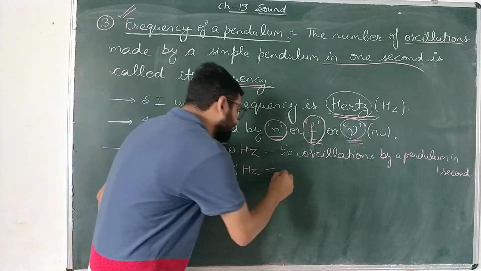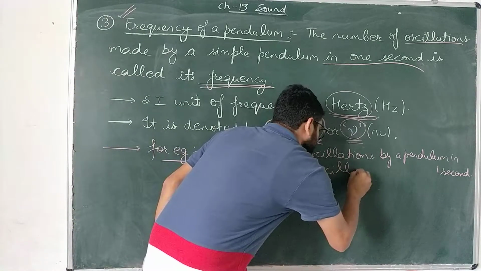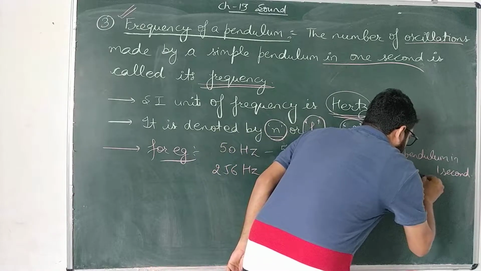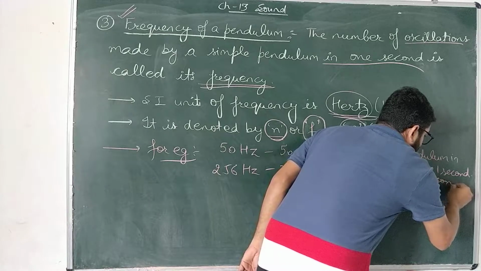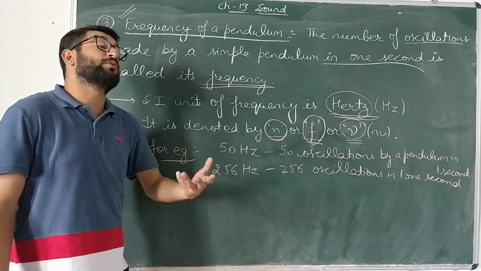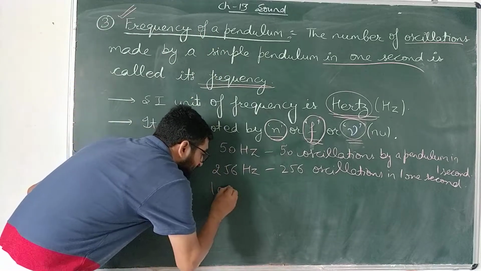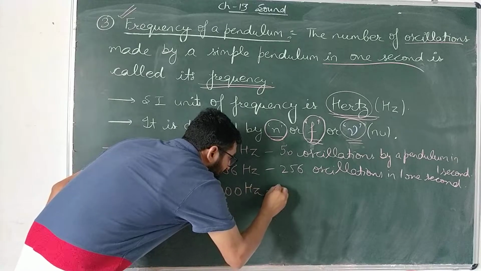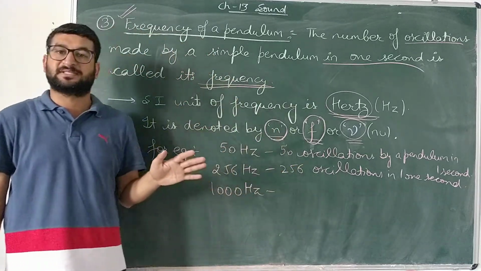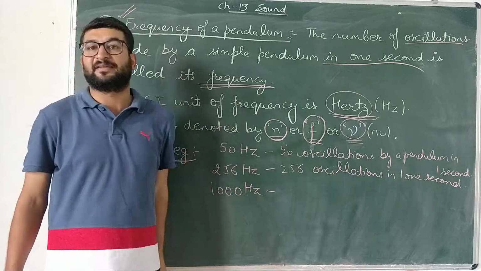It means 256 oscillations in 1 second. So that is the relationship if a frequency is given to you. If someone says that the frequency of a sound is 1000 hertz, what does it mean? It means that the sound completes 1000 vibrations in 1 second.